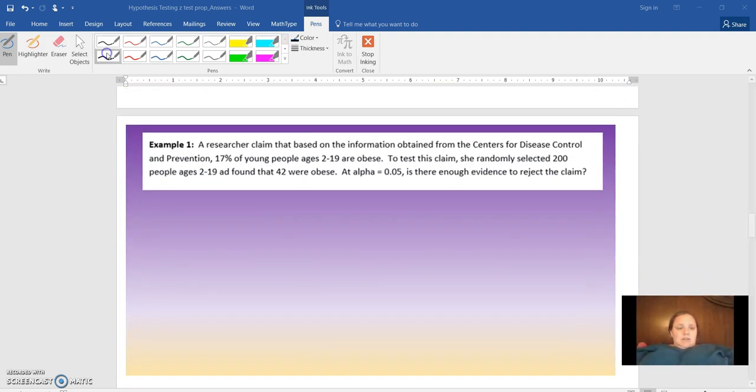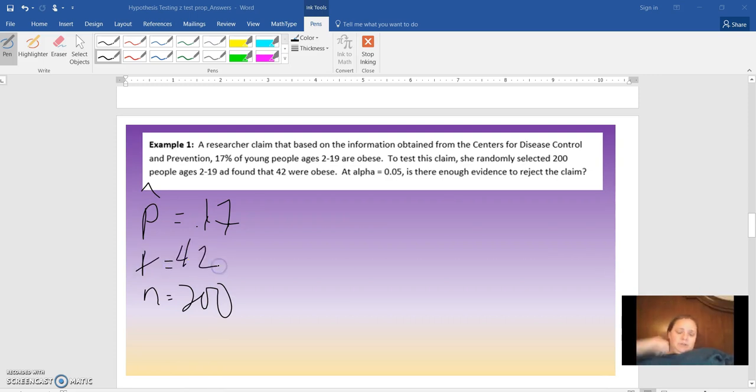All right, so let's write down some information. A researcher claims, based on the information from the Center of Disease Control, 17% of young people are obese. To test this claim, she randomly selects 200 and found that 42 were obese. So 42, 200.